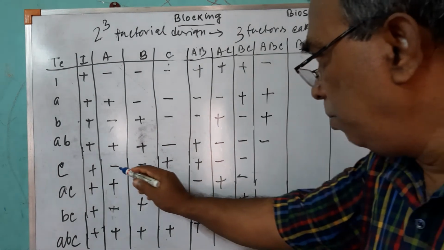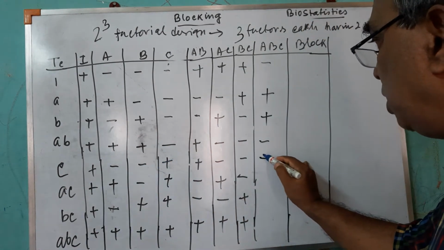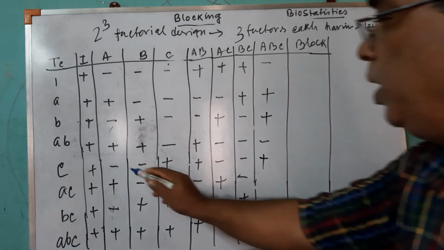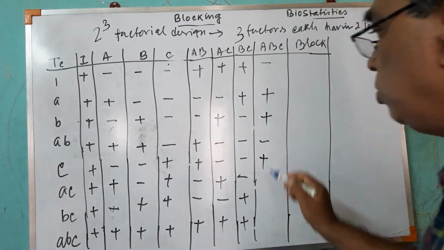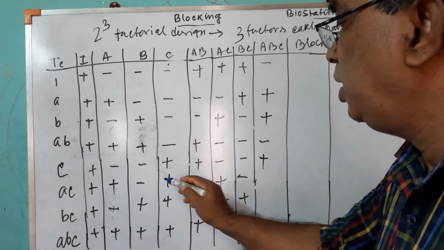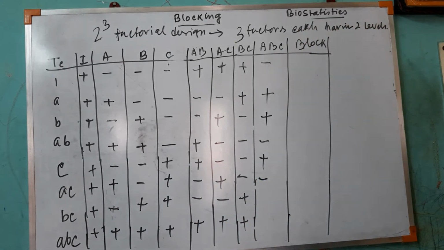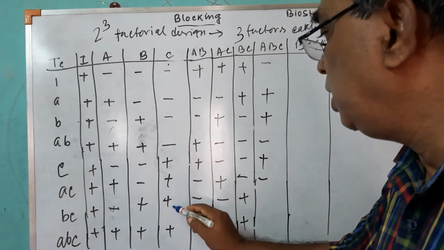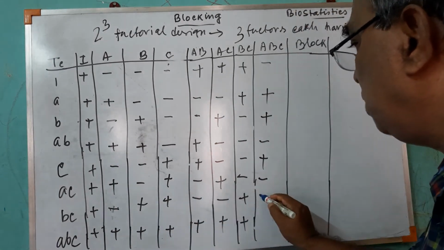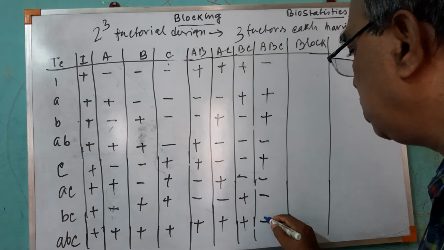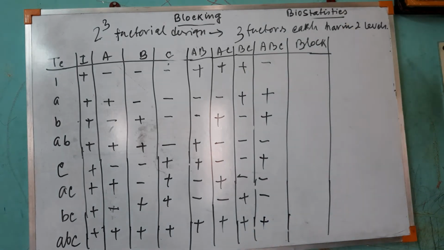Then minus minus plus plus, plus plus, then plus minus minus minus plus minus. Then this into this minus, this with plus is minus. All are positive here.